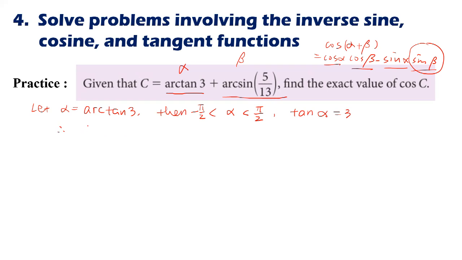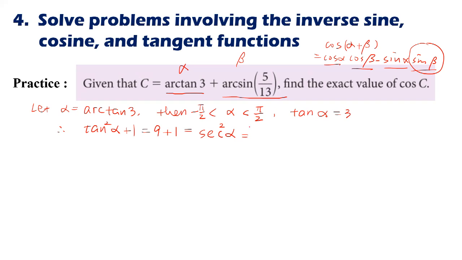Okay, so tangent alpha squared plus 1, which is 9 plus 1, is actually secant alpha squared, according to the Pythagorean identity.